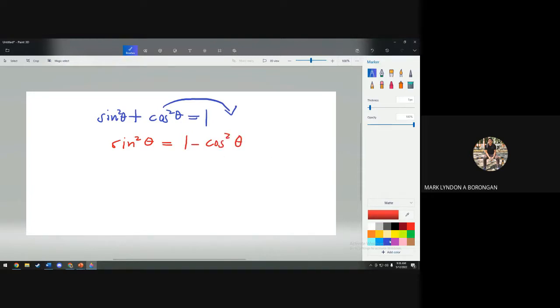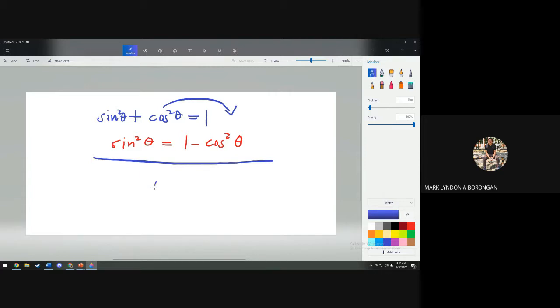Di ba? So, meaning di ay na ang sine squared of theta daw is equal to 1 minus cosine squared of theta.